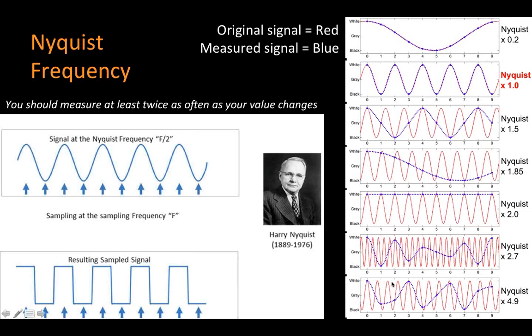When you look at the bottom two, you can see that when we have a high frequency of changes in the original system in red, but we are not measuring very often, then our measured graph looks very strange. Basically, then we have a random graph. It's not telling us too much. So when you work with graphs, you have to take the Nyquist frequency and sampling rate into consideration.